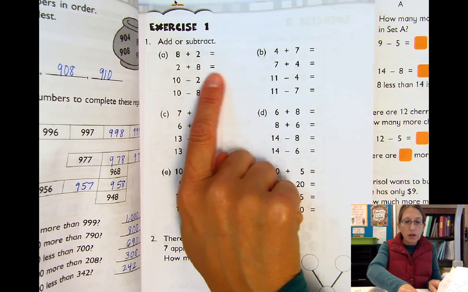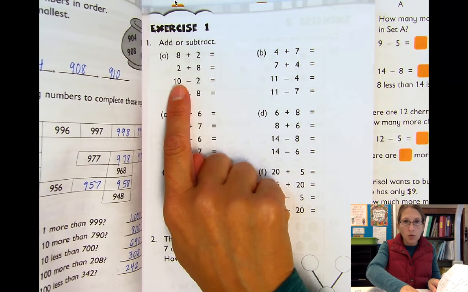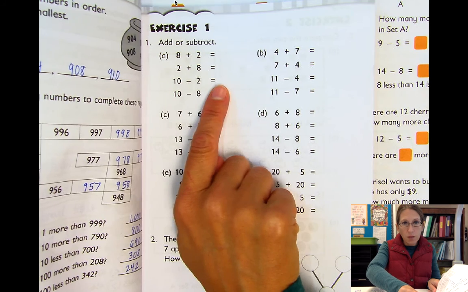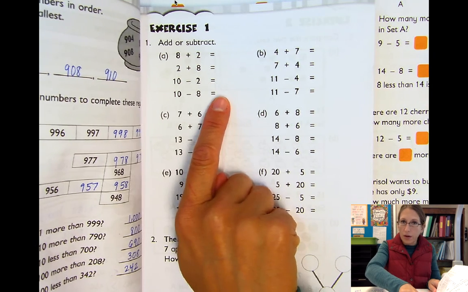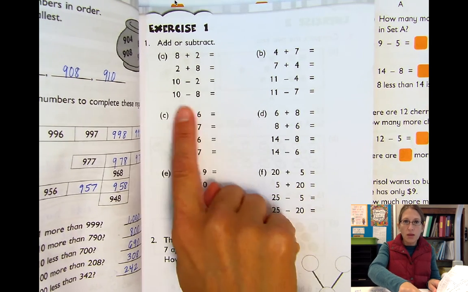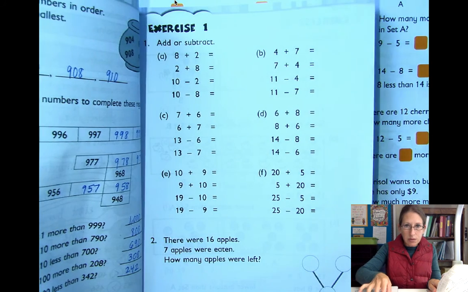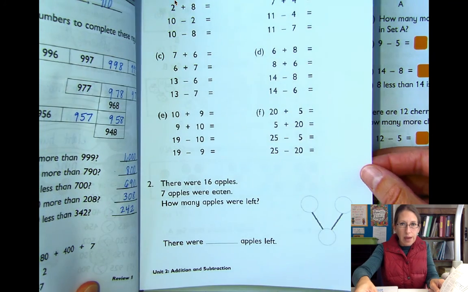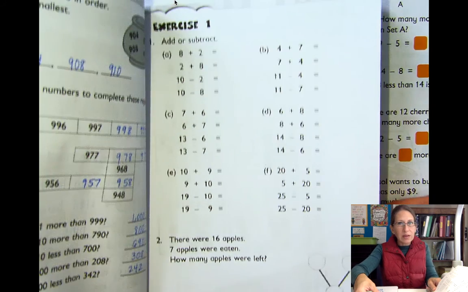And then when we subtract, we're starting with the whole number. Whole number minus one of the parts equals the other part. All right, so all of these are called a fact family. And yeah, just one page for today. Again, thinking about part, whole, and fact families.